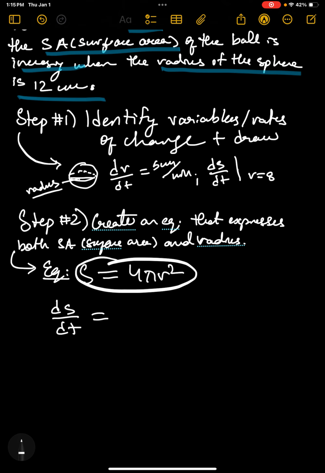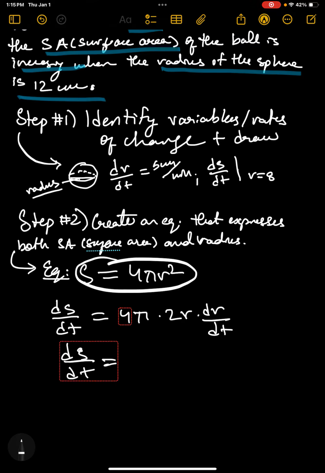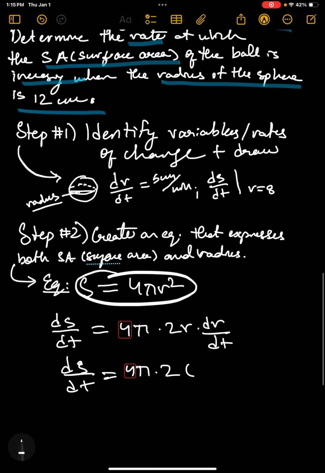So ds dt is equal to 4 pi 2r dr dt, right? So then we have ds dt is equal to 4 pi times 2, and then we'll just plug in our given radius here. So 12 centimeters, 12 times 2.